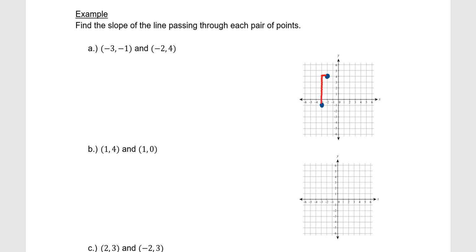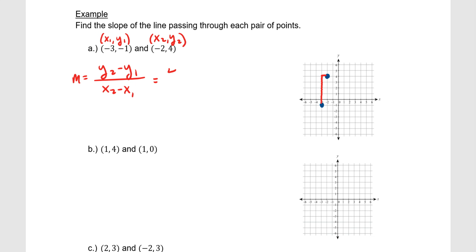So we can probably figure it out just by looking at this one, but let's actually use the formula. So it's going to be y2 minus y1 over x2 minus x1. We can call the first one x1, y1, call the second one x2, y2. It doesn't matter which one's which. We can call the first one x2, y2 and the second one x1, y1. It doesn't matter.